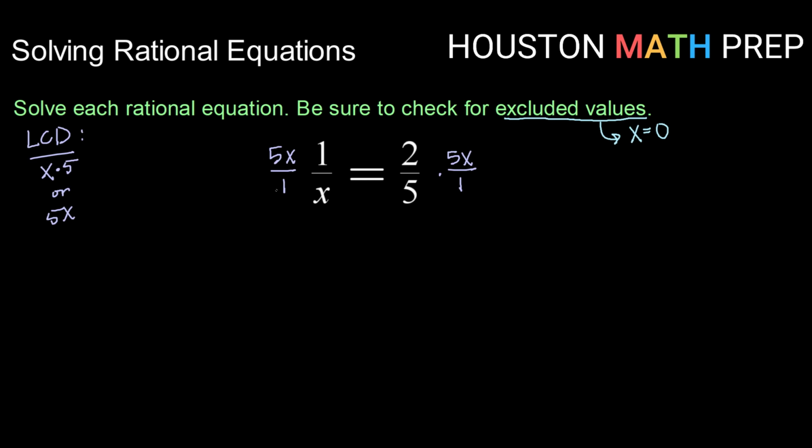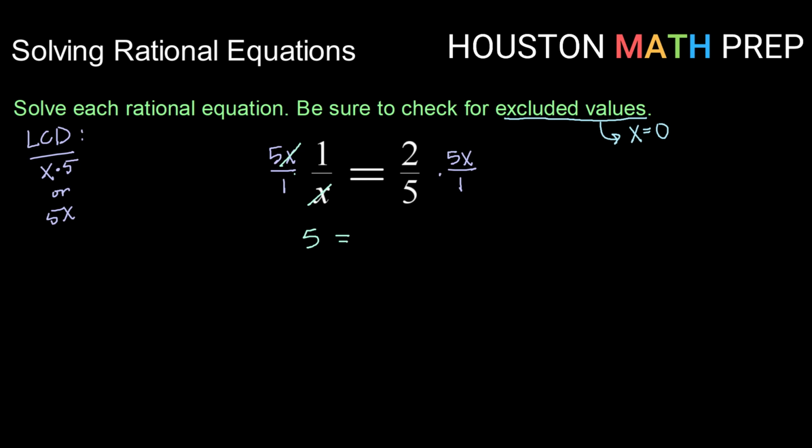All right, now we'll go ahead and actually multiply on both sides, simplifying as we go. So on this side, I notice that I have an x in the numerator and an x in the denominator, so those are going to cancel out. And that leaves me with 5 times 1 over 1, or just 5.